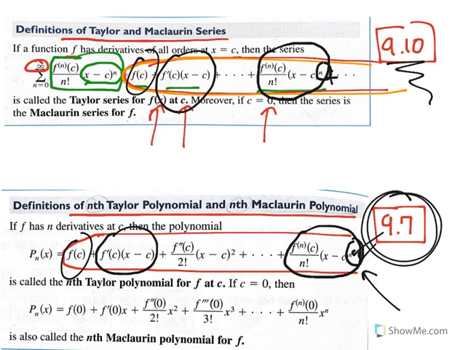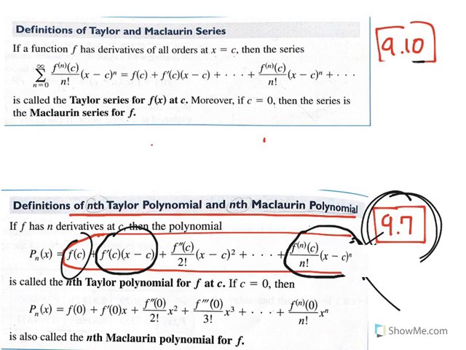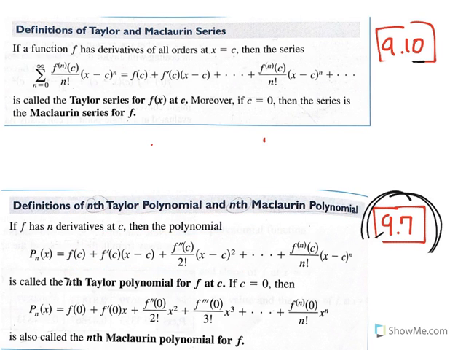But for today, you want to understand that a Taylor series is like a Taylor polynomial, but unlike a Taylor polynomial, it has infinitely many terms. A Taylor polynomial has a finite number of terms. That's how a Taylor series relates to what we did in section 9.7. A Taylor series, like a Taylor polynomial, is centered at c. A Maclaurin series, like a Maclaurin polynomial, is centered at 0. If c is equal to 0, the series is a Maclaurin series.